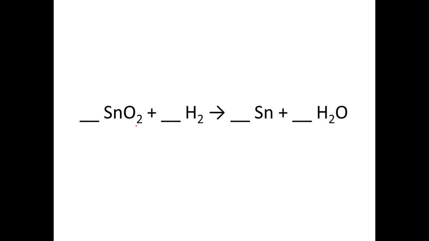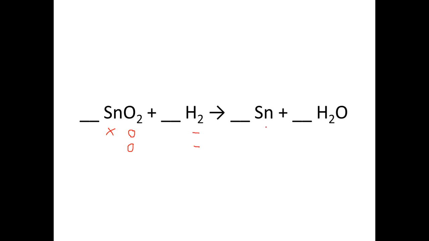The way I like to tackle this is I first look at my equation, and I draw shapes to indicate how many atoms I have, just looking at this skeleton right here. For tin, I have 1, so I'm going to put an X. I have 2 oxygens here, so I'll put 2 O's. 2 hydrogens, so I'm going to put lines.